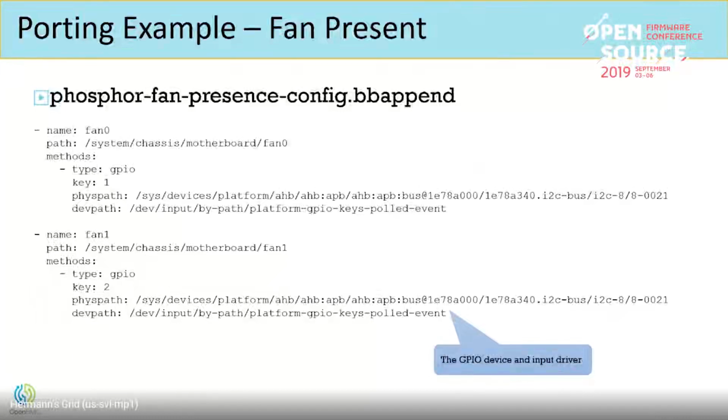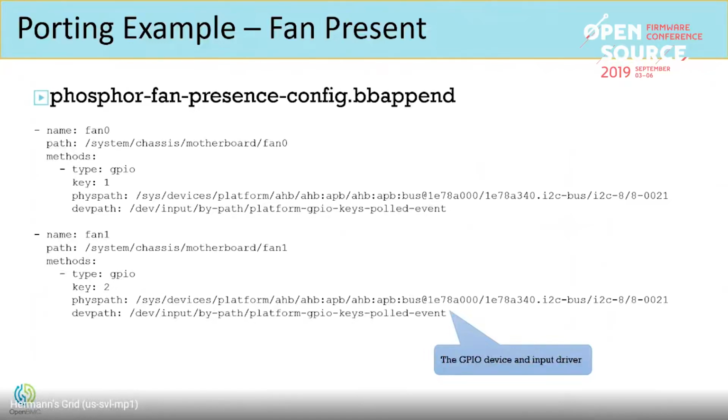Then we need to define some other things, like fan. Fan configs are a bit complicated because we have the fan presence check and the fan monitor checks. So here is the fan presence. We need to provide a YAML config for the fan presence.